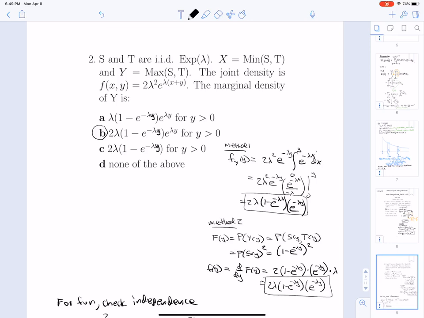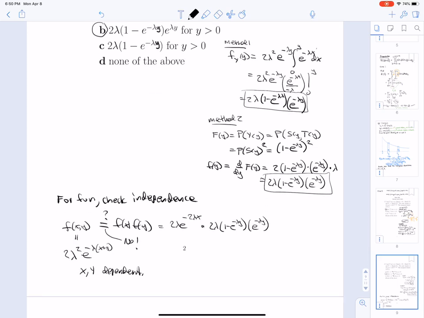So we're integrating x from 0 to y, and we'll get the answer boxed there, which is B. Or you could use the CDF method, and because it's a max, we'll find the probability that y is less than y, which is the probability that s is less than y, squared, and that's 1 minus e to the minus lambda y, quantity squared. Take the derivative of that and you get answer B again.